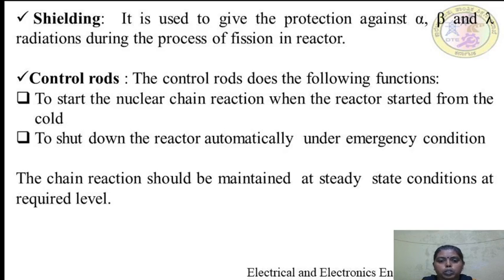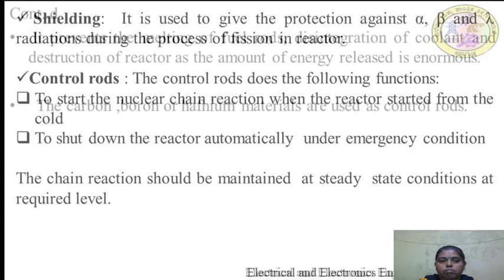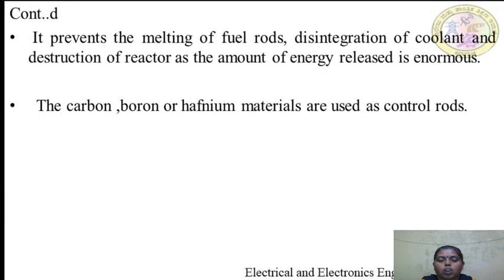The chain reaction should be maintained at steady state at the required level, so the control rods also maintain the steady state condition of the chain reaction. Also, the control rods prevent the melting of fuel rods, disintegration of the coolant and destruction of the reactor, as the amount of energy released is enormous.